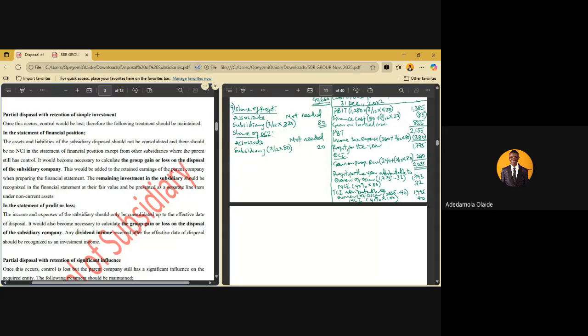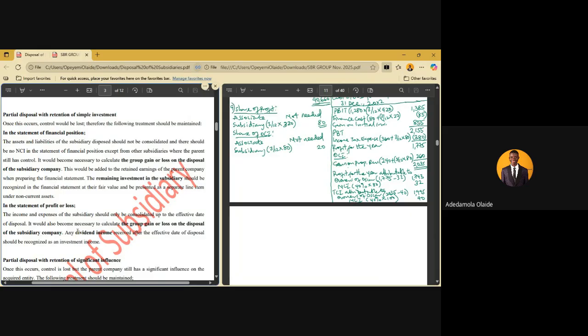So as I was saying, where there is partial disposal, but what they retain is ordinary investment, then just like we said, we will not be consolidating anything in the statement of financial position.